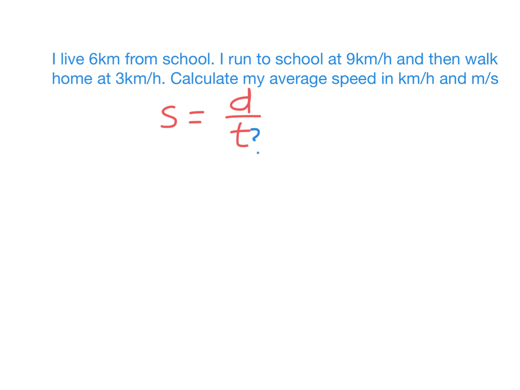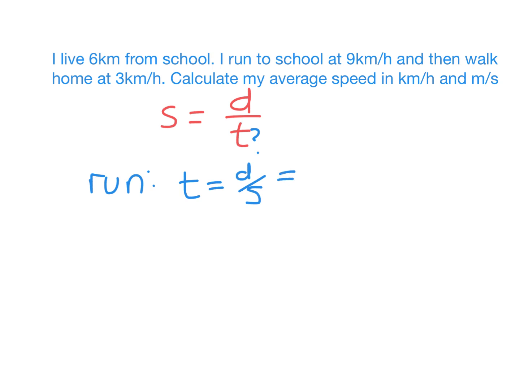We need to find how long it would take me to run to school and how long it would take me to walk home from school. So let's say I'm running. How long would it take me to run 6 kilometers at this speed? Well, we know that the time taken is distance over speed.